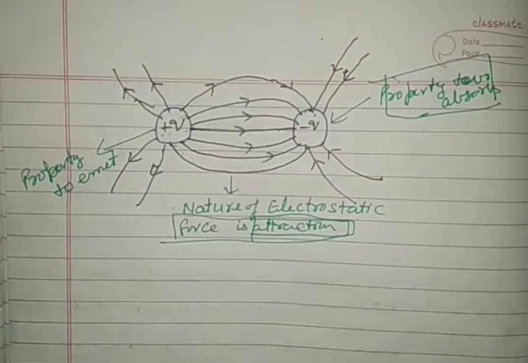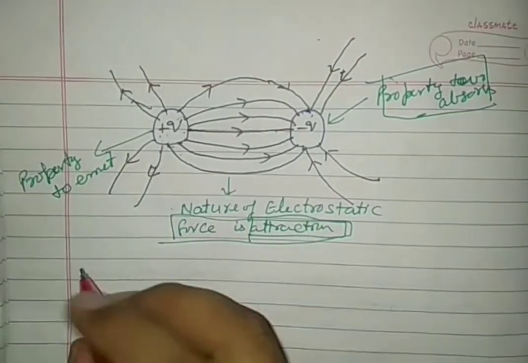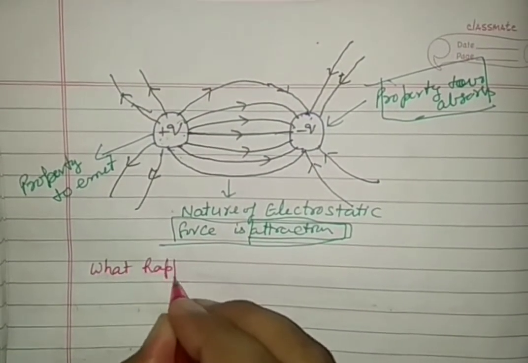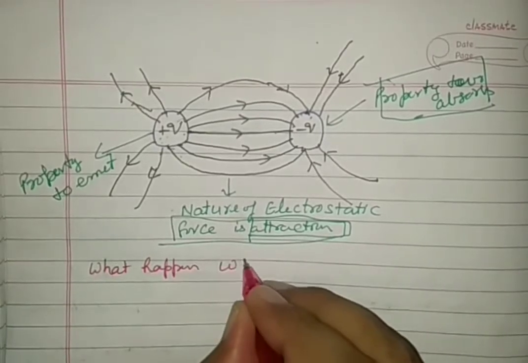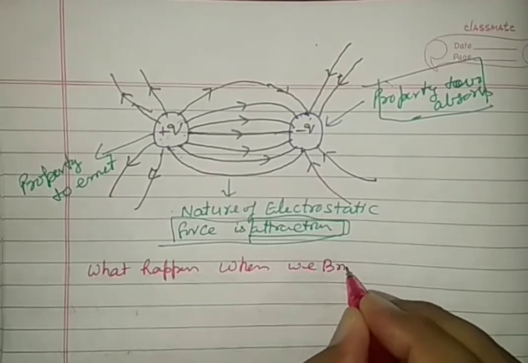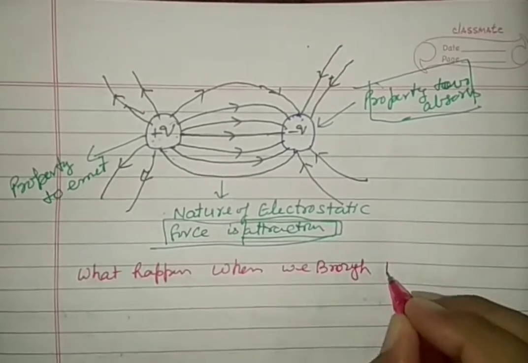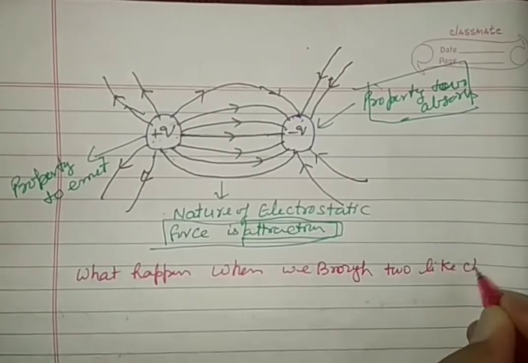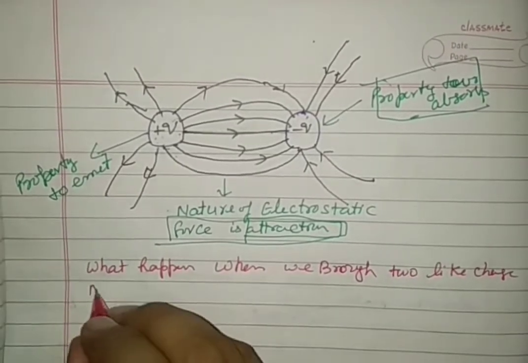Now another question: what happened when we brought two like charges nearby?